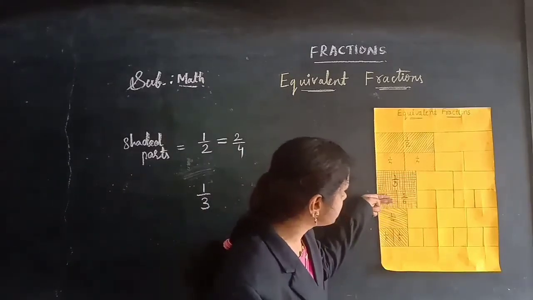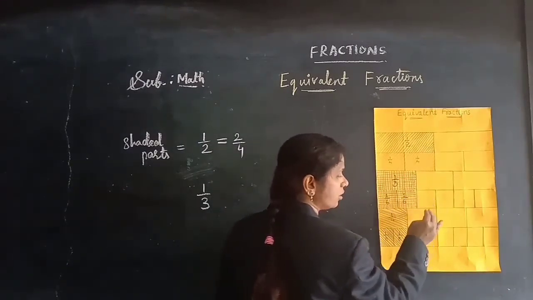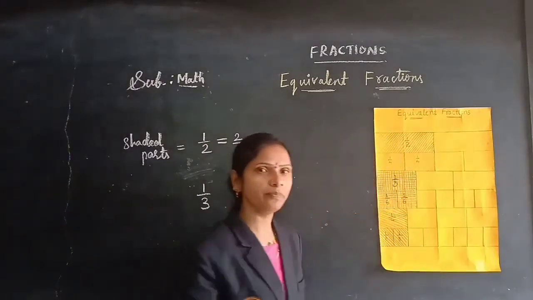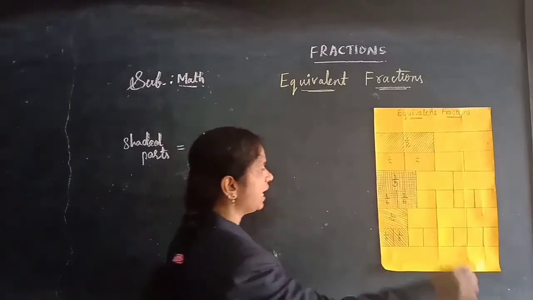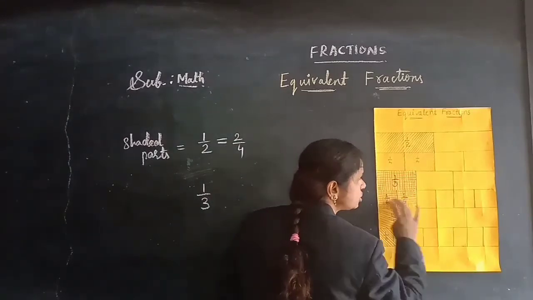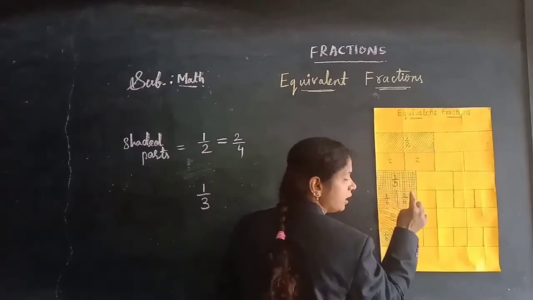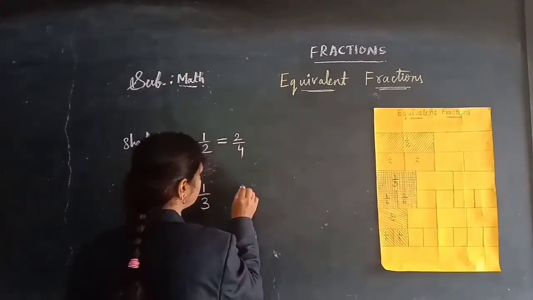And the fourth one, children, I divided this row into 1 2 3 4 5 6 parts. In these 6 parts I shaded 2 parts, 1 and 2. So 2 parts are 2 of the 1/6.